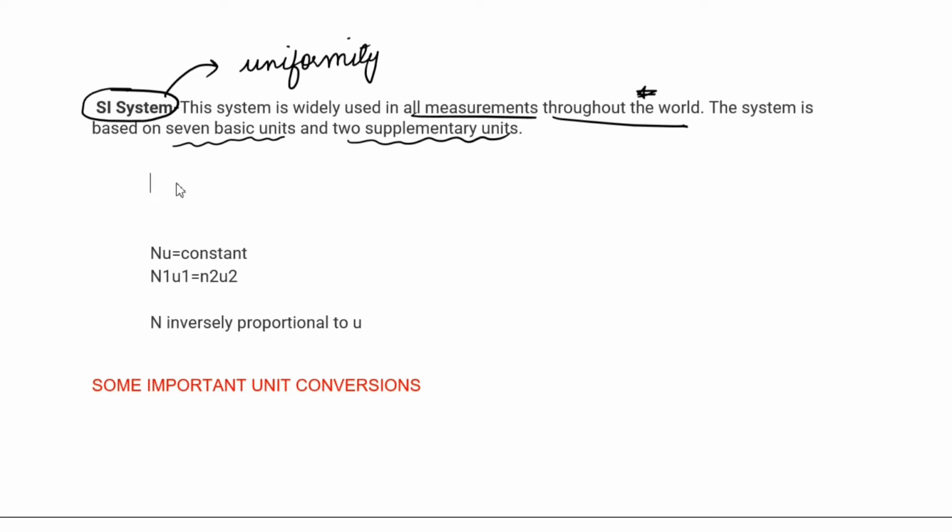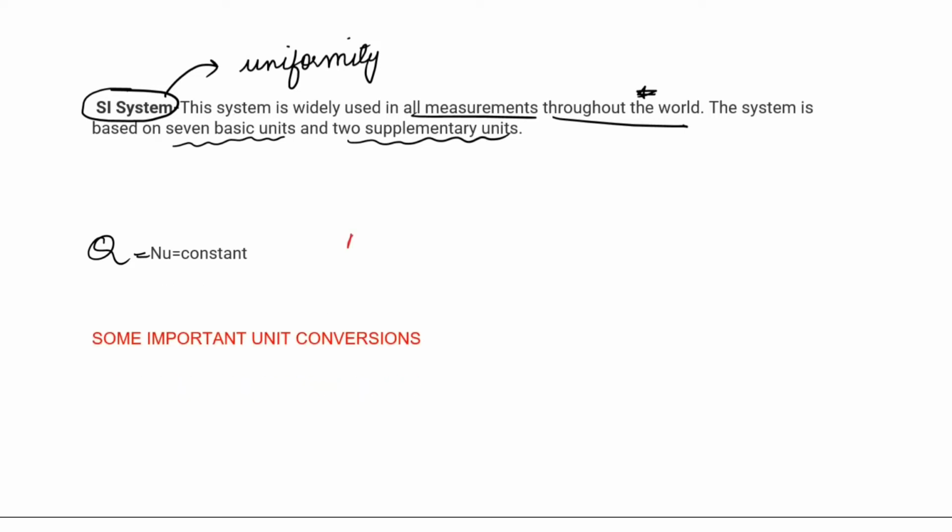As I told you earlier, any physical quantity can be represented as n times u, which is a constant. So we can say n1 u1 is equal to n2 u2. From this, what do we understand? n is inversely proportional to u, that is, the numerical value is inversely proportional to the unit. For example, 1 kg is equal to 1000 grams.